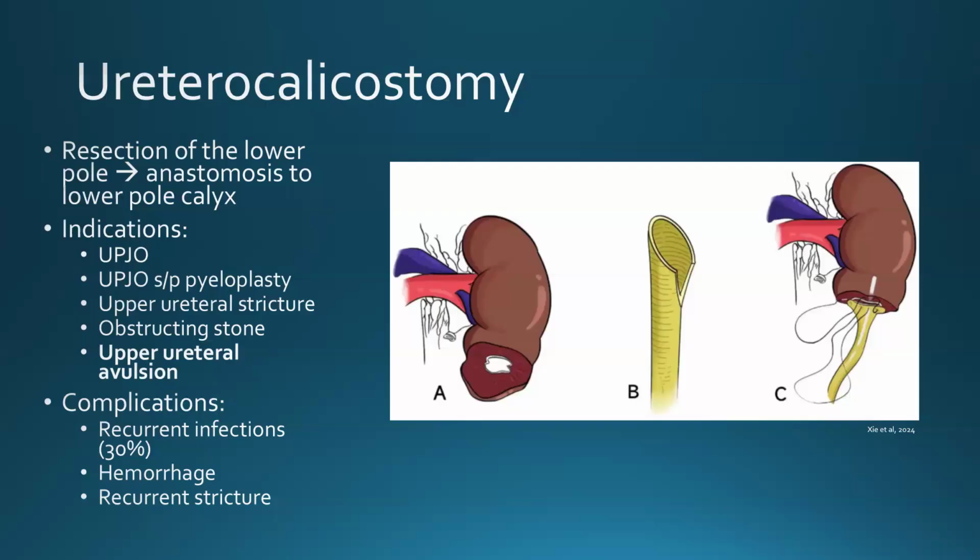And so oftentimes hemorrhage is not a huge concern in those types of kidneys because of this thin parenchyma. However, in an otherwise robust kidney, this may be more of a problem. Hemostasis can often be obtained with suture ligation. The use of a harmonic device to incise and perform that amputation has also been described in the literature as a means of obtaining that hemostasis. And then recurrent stricture can also occur in these patients and is something to keep in mind.